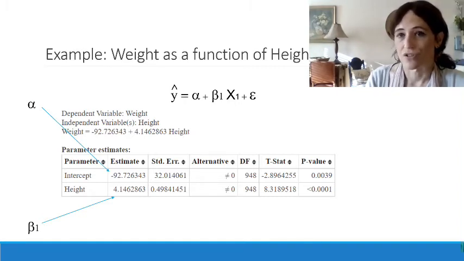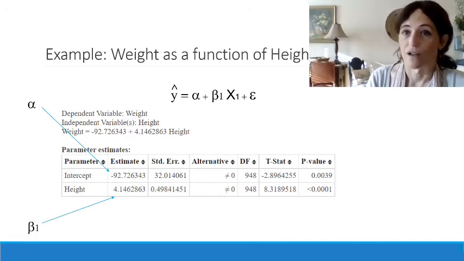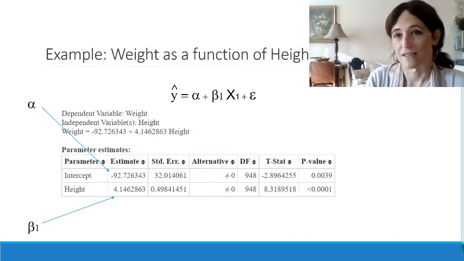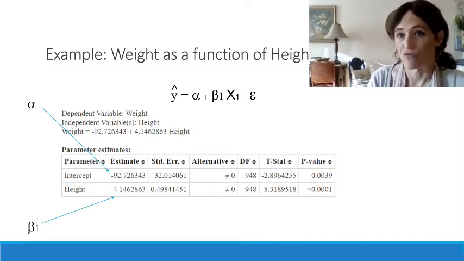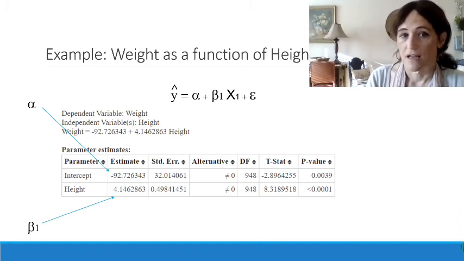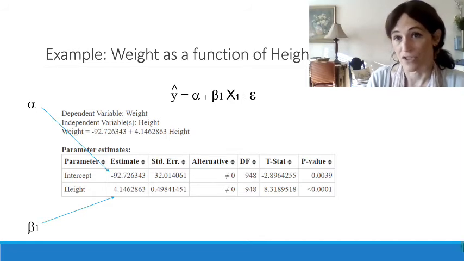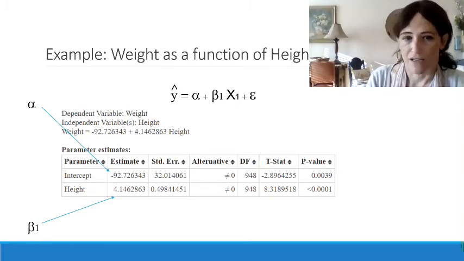So a 1 inch increase in height would be associated with a 4.146 increase in pounds. Again, it's in original units. And so we can use that to then say, well, if someone was 5 inches taller, we could multiply that coefficient by 5, and we would get a value of 20.5.